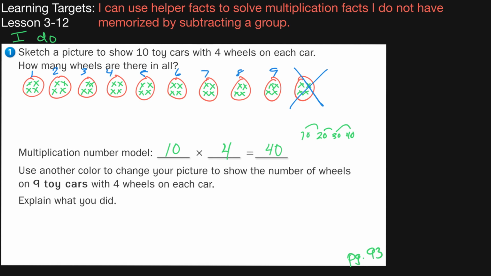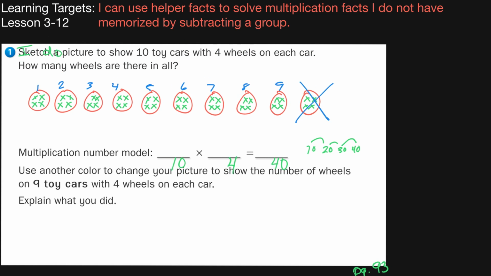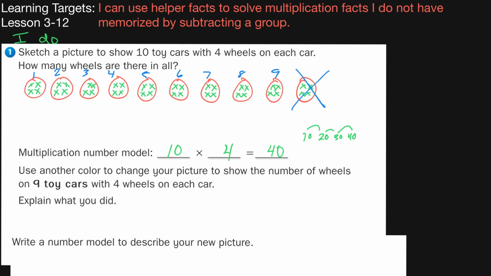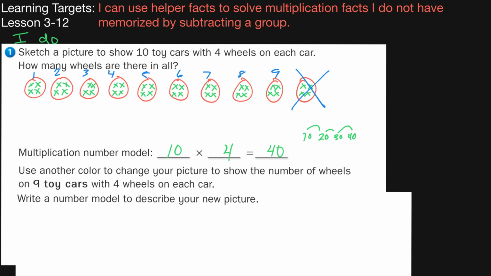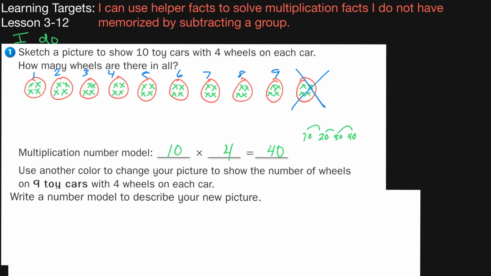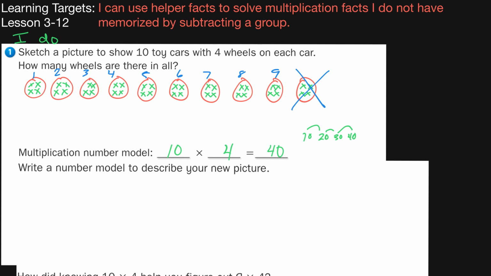So if we look at this next step, though, now it says to write a number model to describe your new picture. So this is our new picture. If we look at it, I'm just going to move this up a little bit more. And it says, describe a number model, write your new picture. So I look at my new picture, and my new picture shows 10 groups of 4 that equals 40.